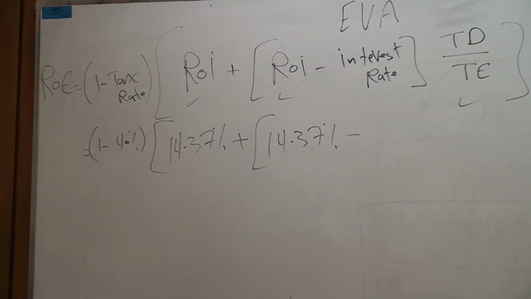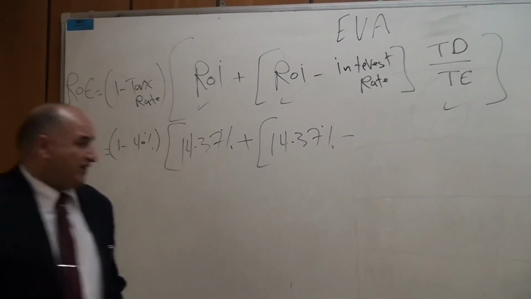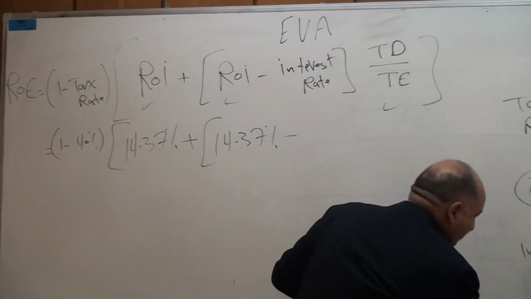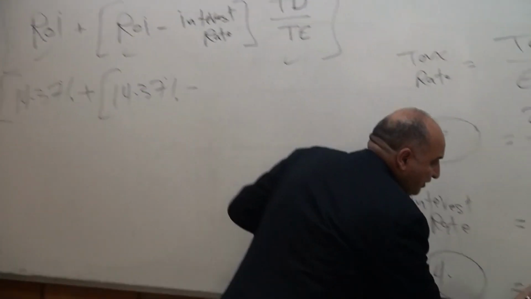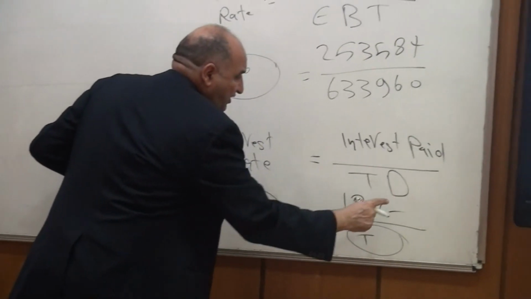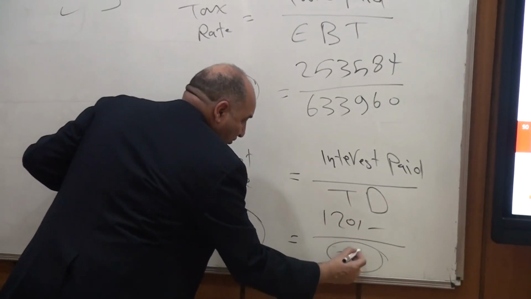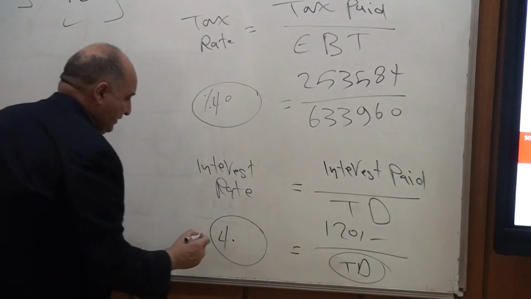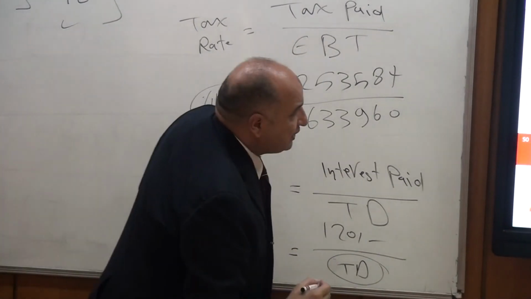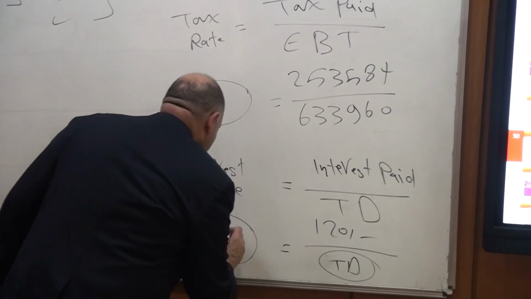By calculating the interest rate, please calculate it by yourself. It is 120,000 divided by the total debt. You have it before, so it is 4.11%.